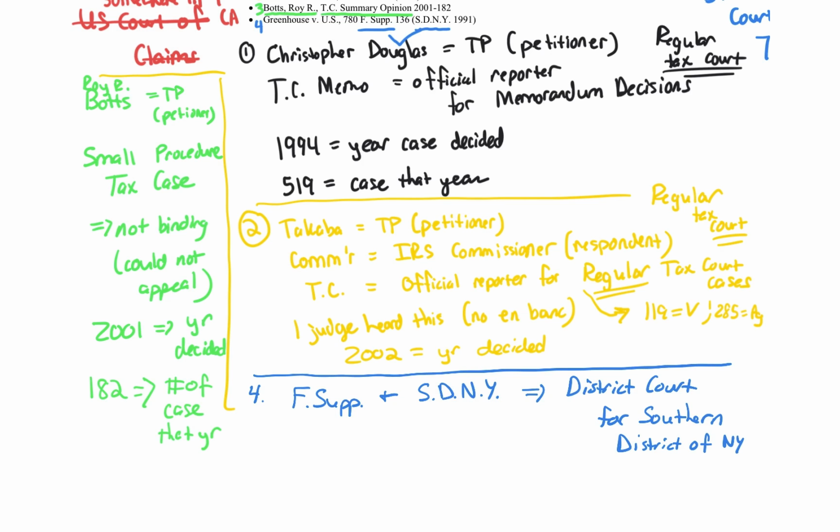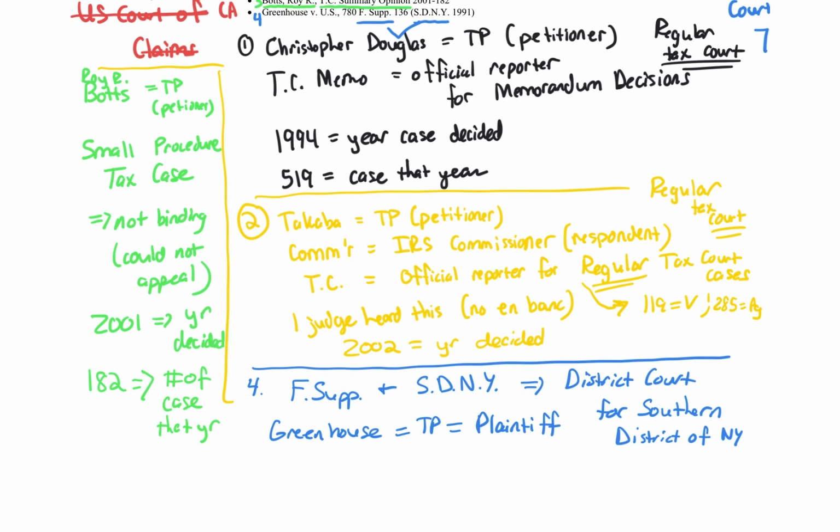That's where the case originated. Okay, let's look at the parties. So Greenhouse is the taxpayer. And remember, in district court cases and U.S. Court of Claims cases, they're referred to as plaintiff. They are suing the government. They're for a refund. So they are the plaintiff. They are the plaintiff here. Of course, U.S. is the defendant.